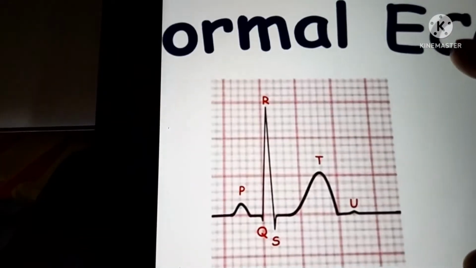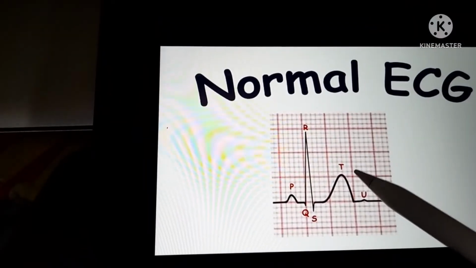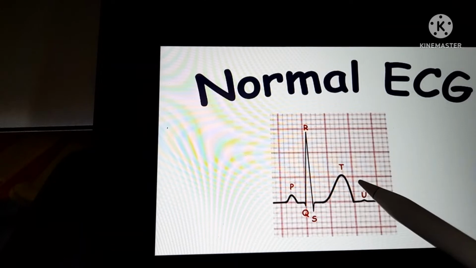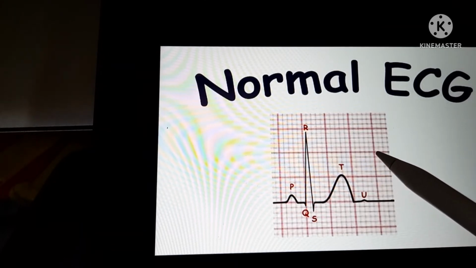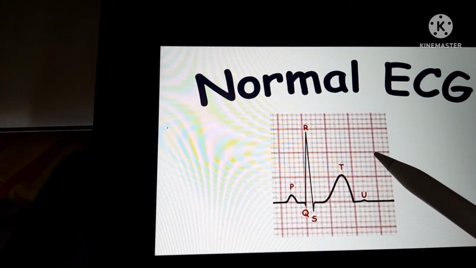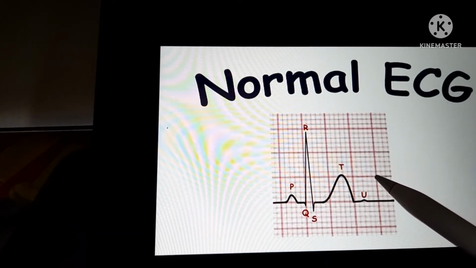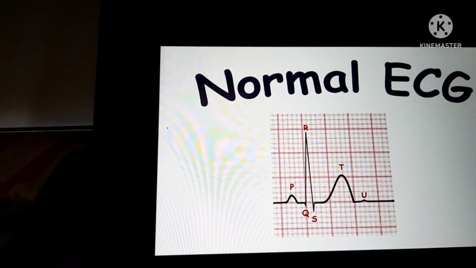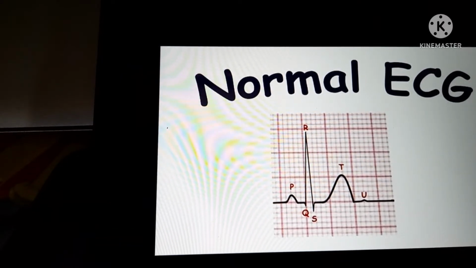In an ECG, these are the large boxes, and in between there are very small boxes also. In one row, one large box contains 5 small boxes, or in a column, it contains 5 small boxes. This is one small box and this is the large box.